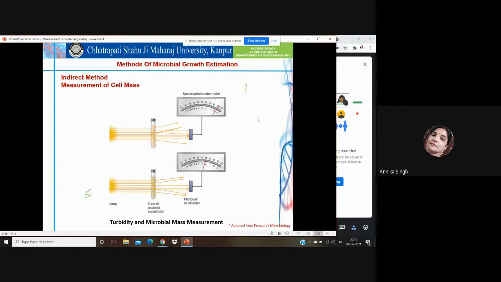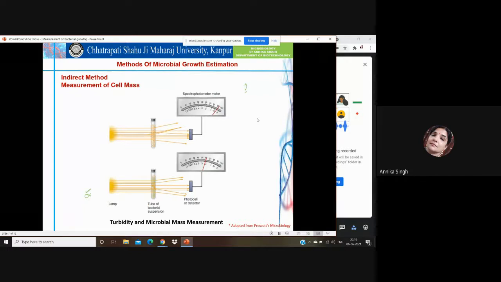And another very popular method which is generally utilized in the laboratory is known as the measurement of cell mass by measuring the turbidity of the cell culture. For this purpose, a very popular method known as the spectrophotometric method is used.